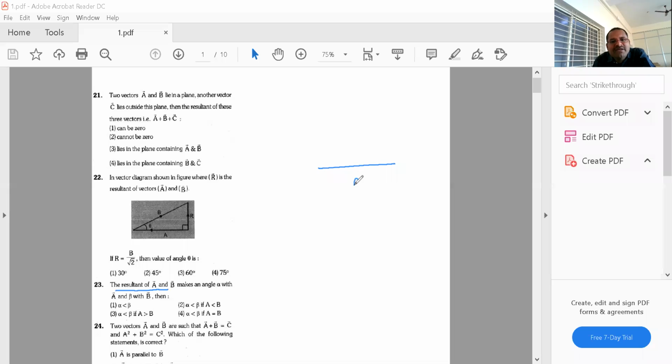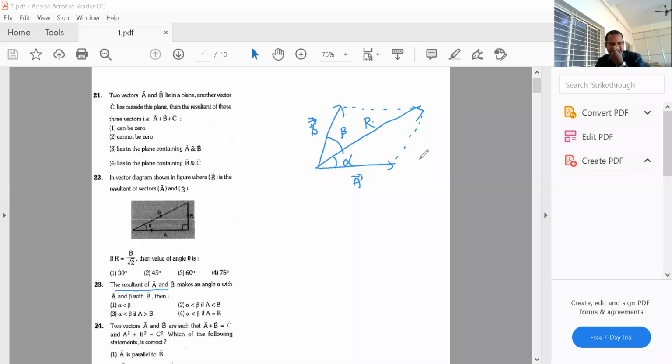See here, you are having A bar, you are having B bar, correct? Now, what is the resultant of these two? You construct one parallelogram. This is the resultant, correct? Now they are saying that this resultant is making angle alpha with A bar and angle beta with B bar.